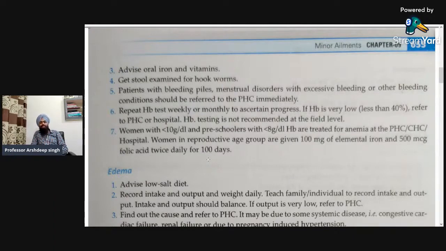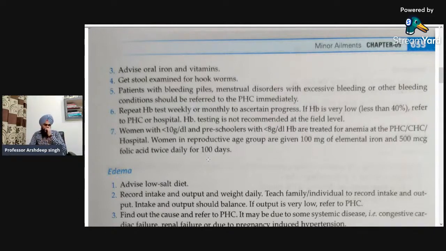These are the two criteria: Hb less than 10 gram per deciliter in women and 8 gram per deciliter in preschool children. So we give this dose of 100 milligram of elemental iron and 500 micrograms of folic acid.